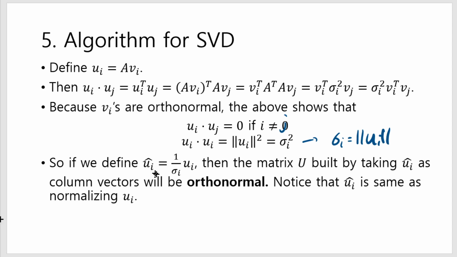If you make the unit vectors for the ui's as well, then the matrix U composed of u1, u2, up till un will be an orthogonal matrix.